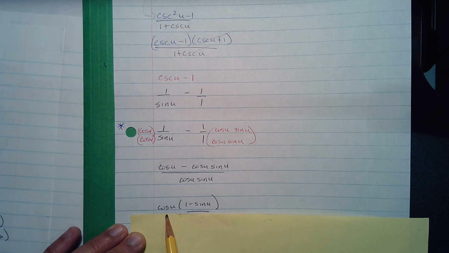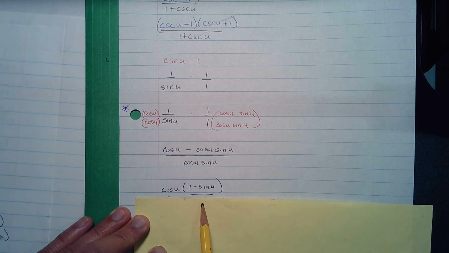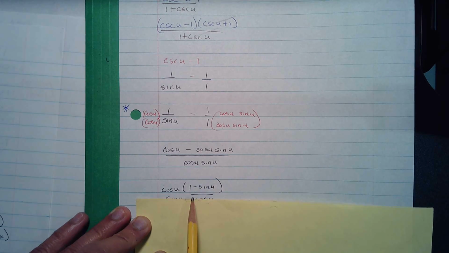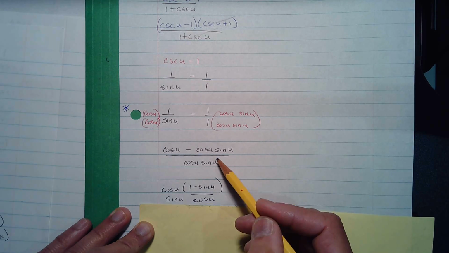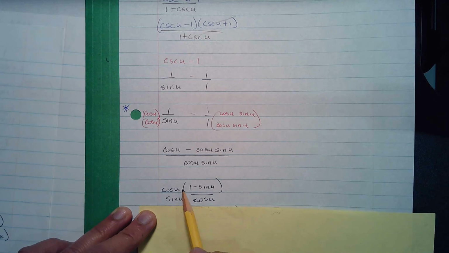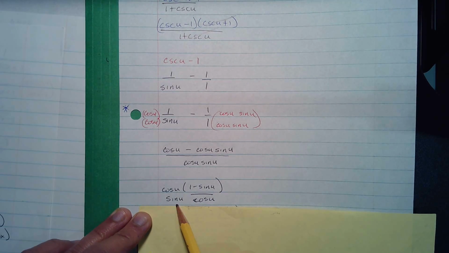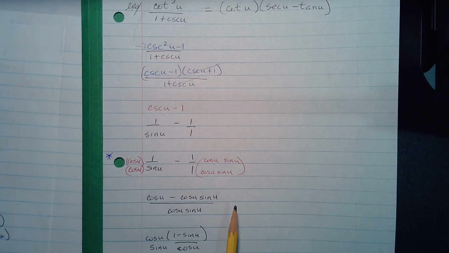So I factored a cosine u out times 1 minus sine u. And I'm going to rewrite this as sine u times cosine u. So this, I factored out a cosine u. These are the same. Cosine u over sine u, there's our cotangent. That's what I want.